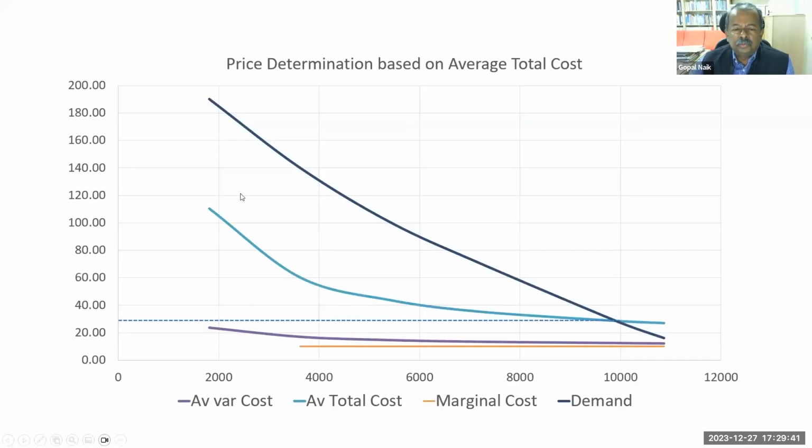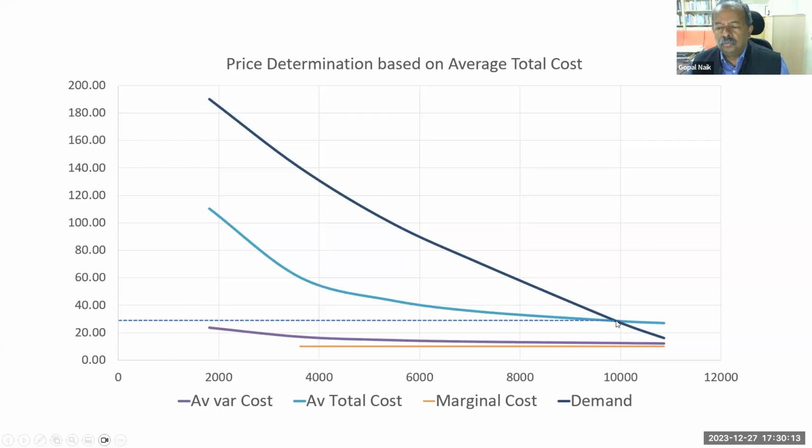Now we put costs and the demand together. We will see this is what the demand is and this is what the cost is. And it is intersecting at 55 liters of water per day, and that comes to about 10,000 kiloliters per annum, which is I think somewhere around 9,960 or so.